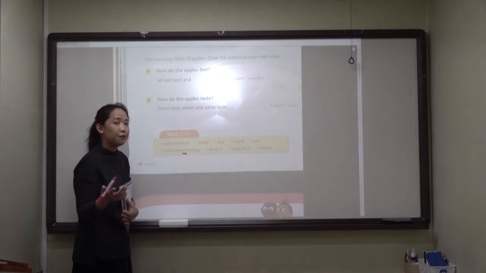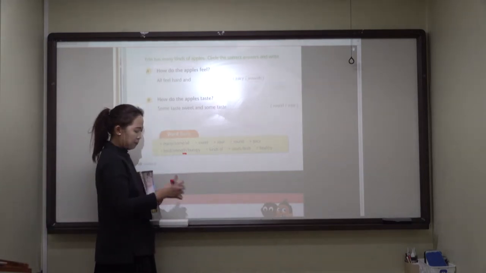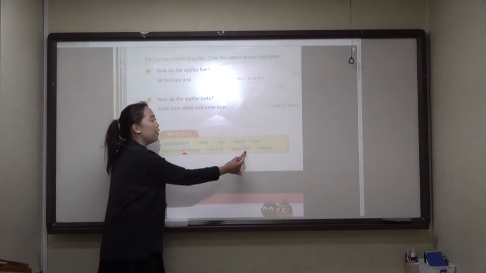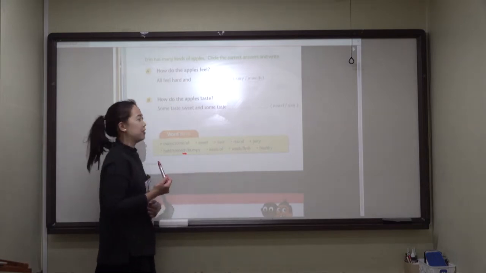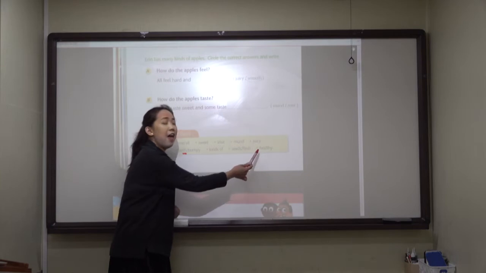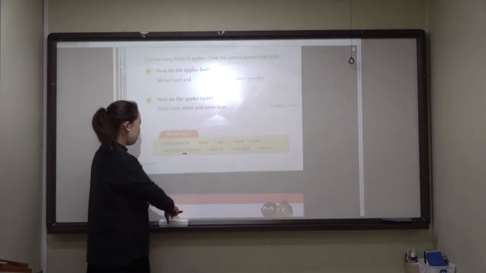Kinds of. Good. Next, seeds. Again, seeds. Next is flesh. One more time, flesh. Next is healthy. Another soft th. Healthy. Again, healthy. Very good.